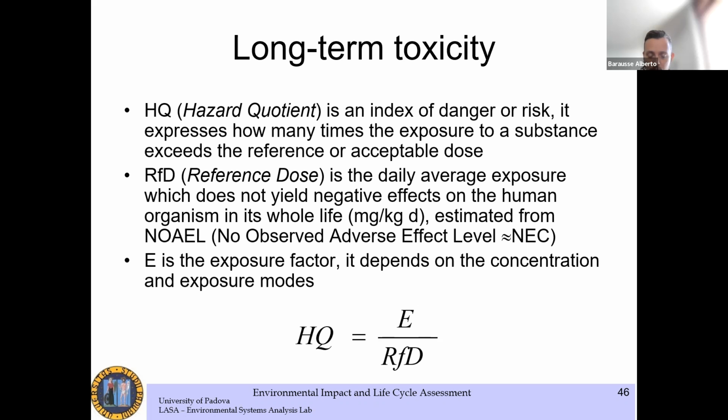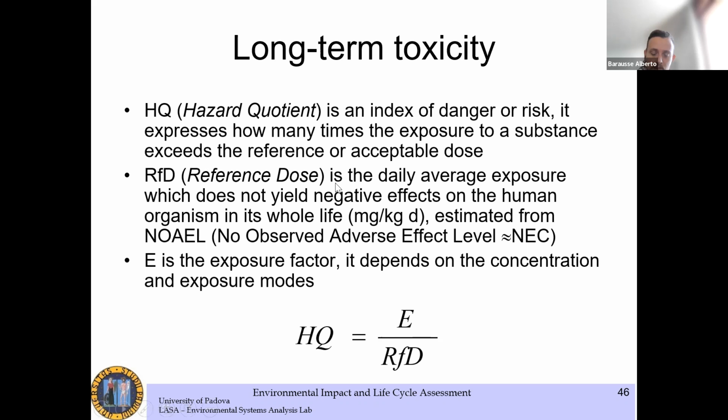So the definition is the one you see below in this slide. So hazard quotient is equal to exposure, so how much contaminant your target is exposed to, divided by a reference dose.